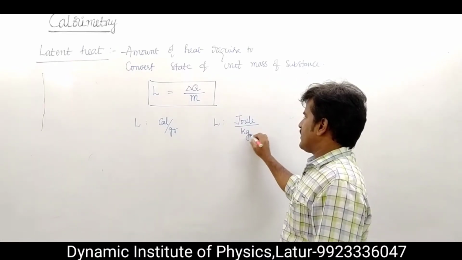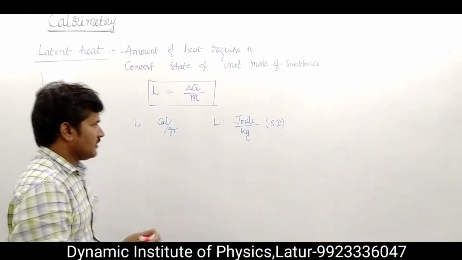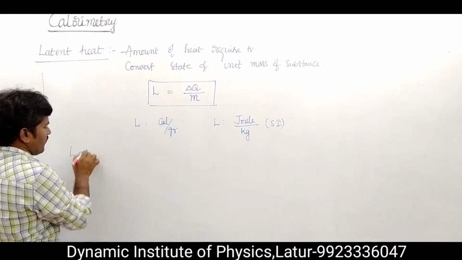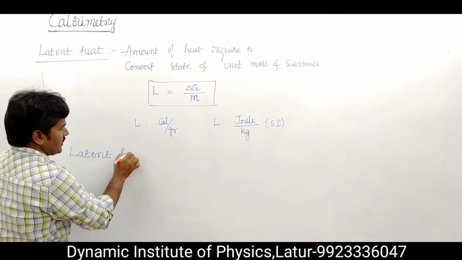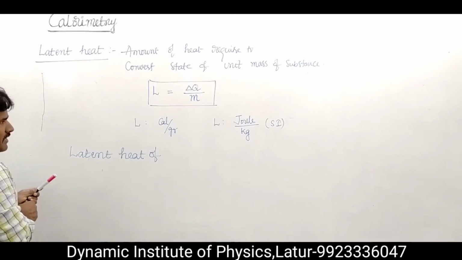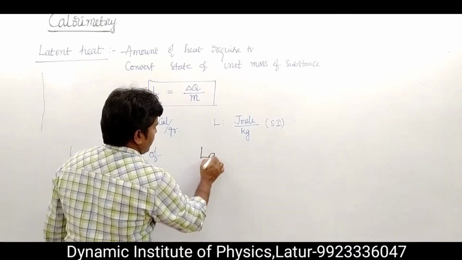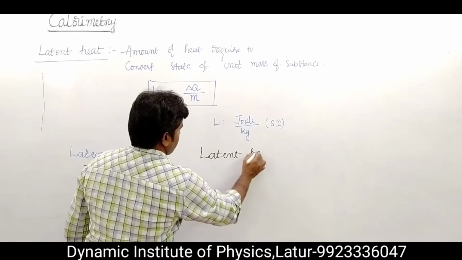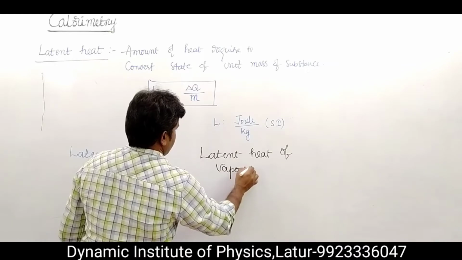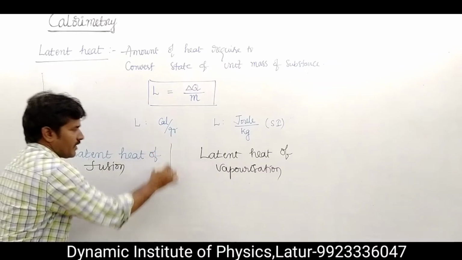So there are two types of latent heat: latent heat of fusion and latent heat of vaporization.